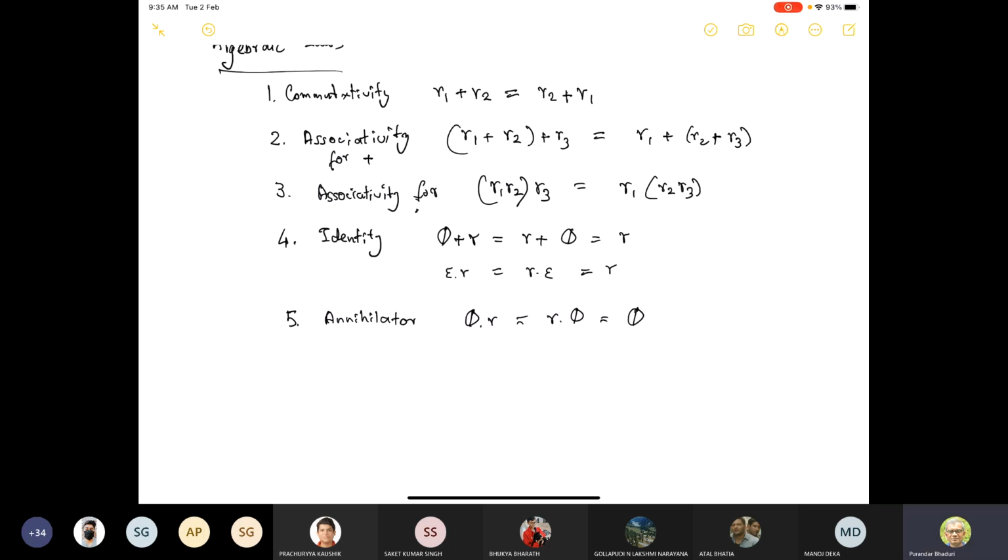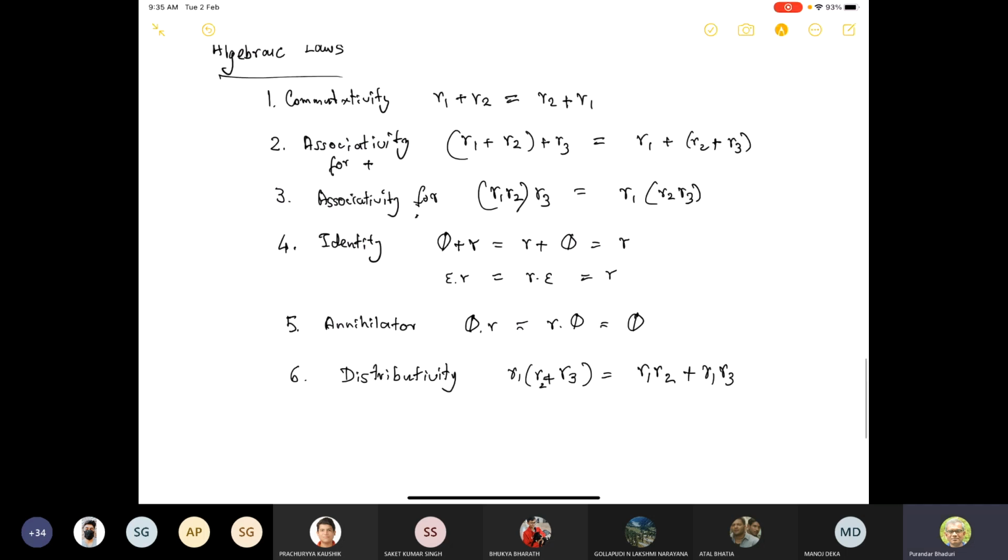And then there's distributivity of dot over addition on both sides. And all these, of course, follow from the set operations. So they're not surprising at all.